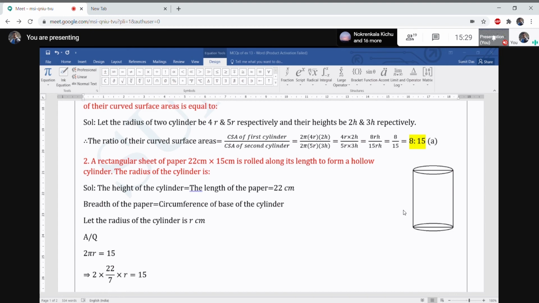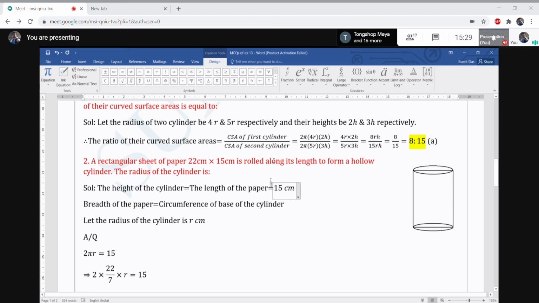Okay, one mistake I made, look here: the rectangular paper is rolled along its length. Sorry, along its length means the height of the cylinder should be 15.